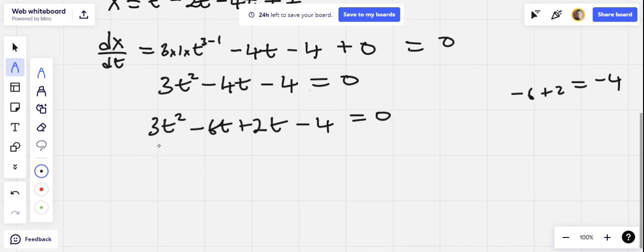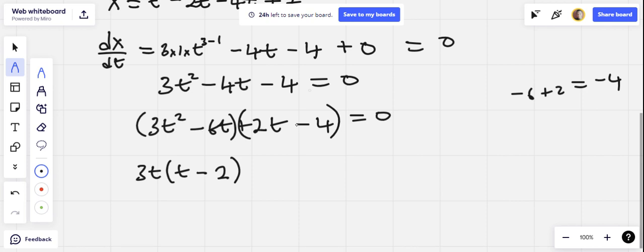So we factor out what is similar. Between 3t squared and minus 6t, the common factor is 3t. What will be left is t on this side, and minus 2 on the other side, because if you multiply through again, it returns you to what you have here.